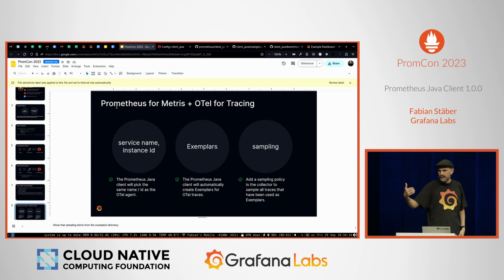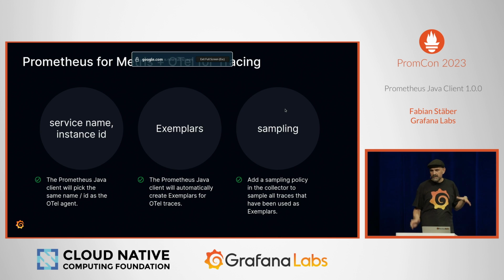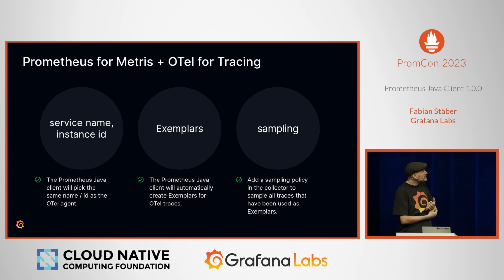So as soon as you update metrics while a trace context is going on, it will add exemplars automatically. And this is actually nothing new. The previous versions did that as well. But there was an issue with the previous versions that is now fixed, which is that people who use tracing often tend to use some sampling to throw away most of their traces, because trace data is very repetitive.